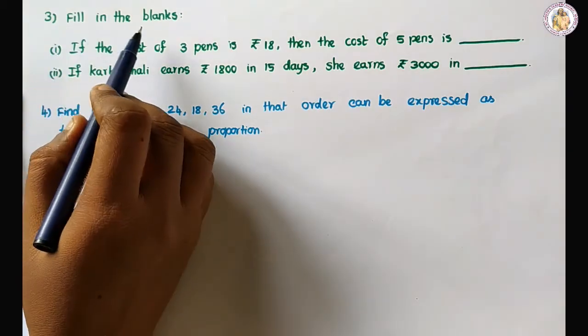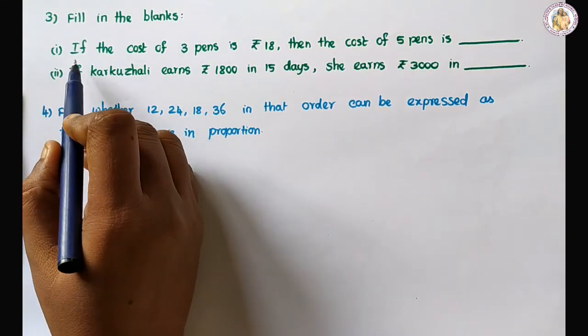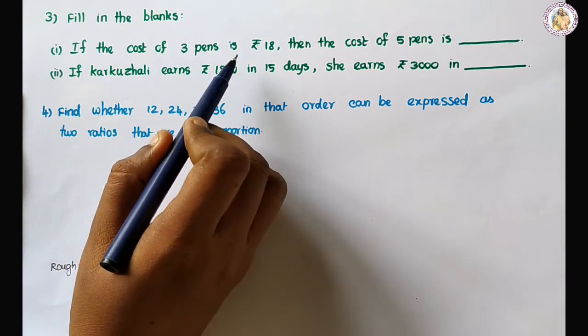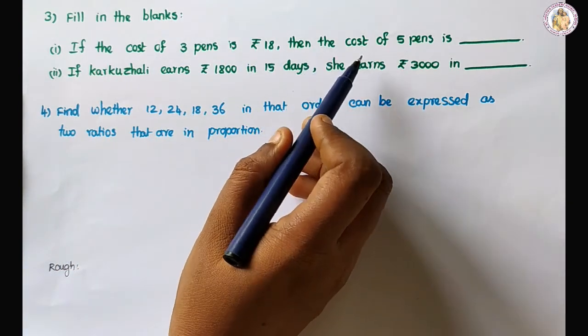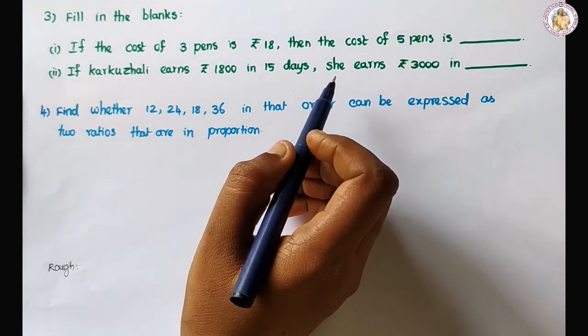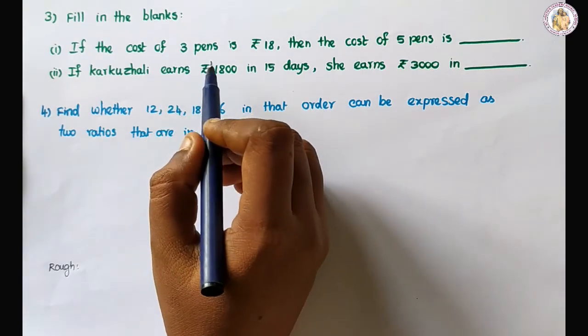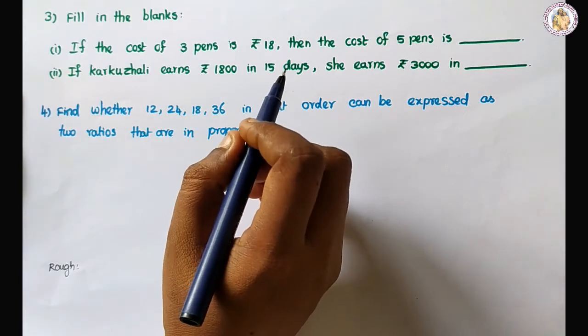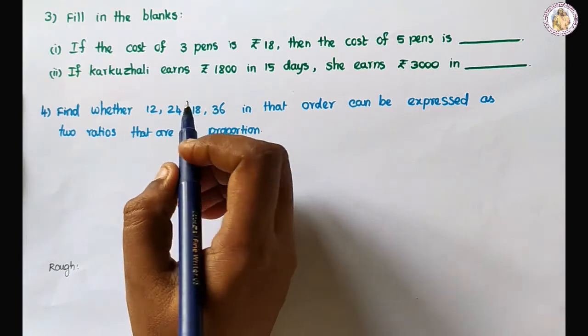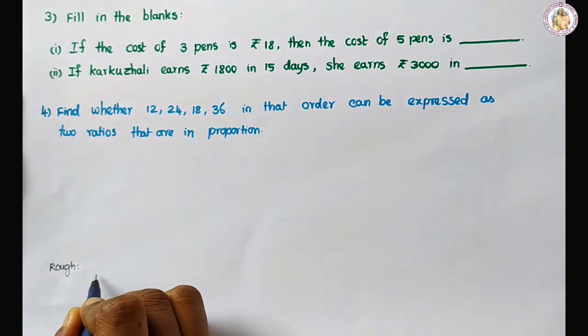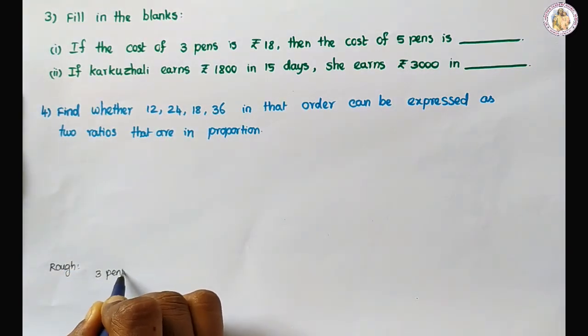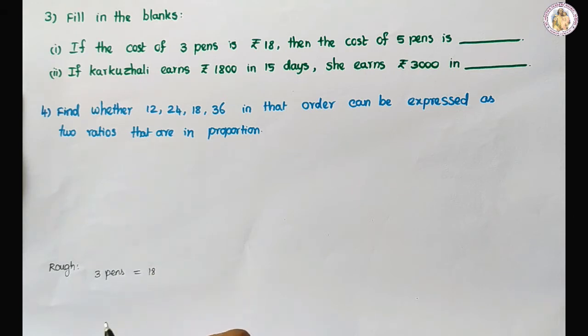Third question, fill in the blanks. First one, if the cost of 3 pens is rupees 18, then the cost of 5 pens is dash. We want to find the 1 pen rate. Listen, 3 pens equals 18 rupees.